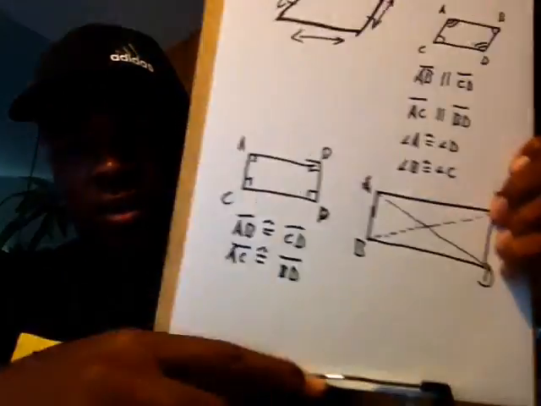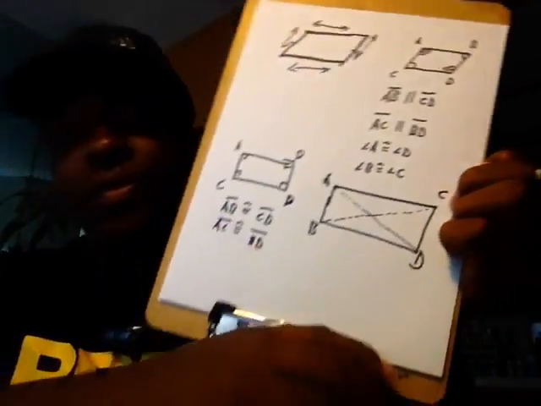Okay, so if I have A, B, C, D, line AB is congruent to line CD. I'm sorry, CB and AD.